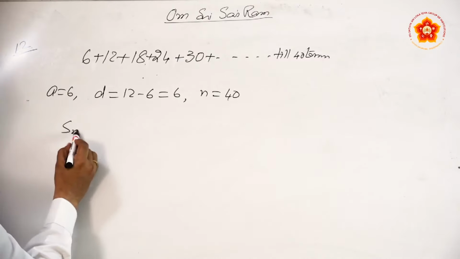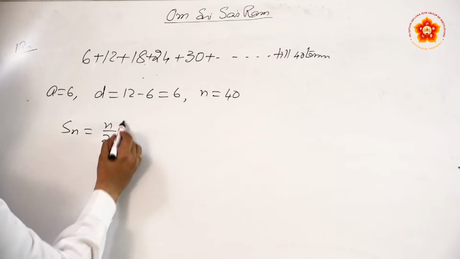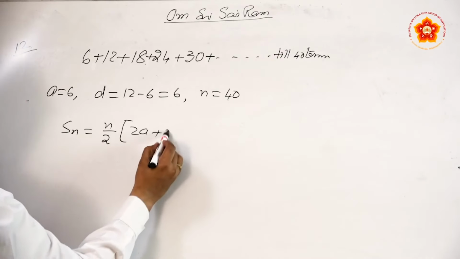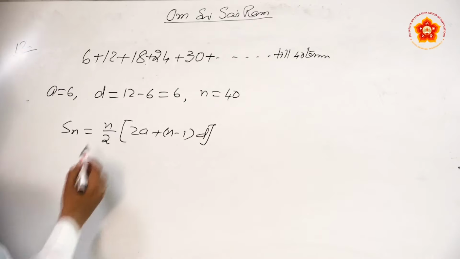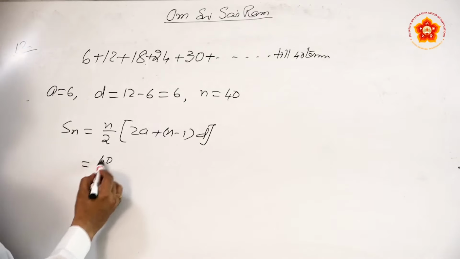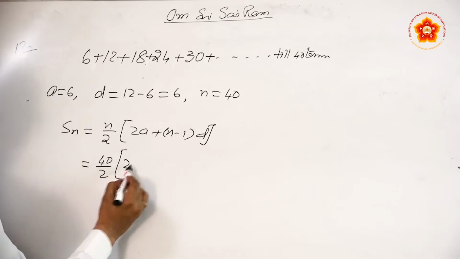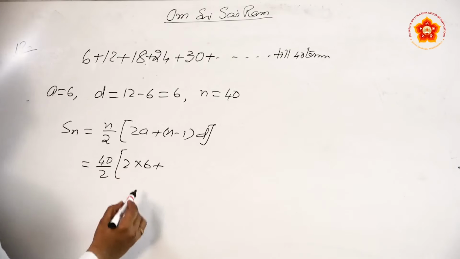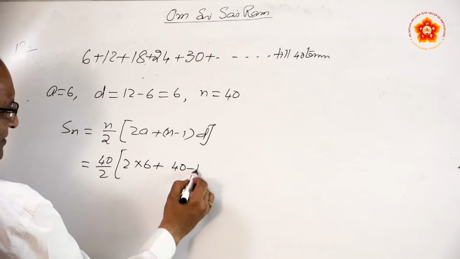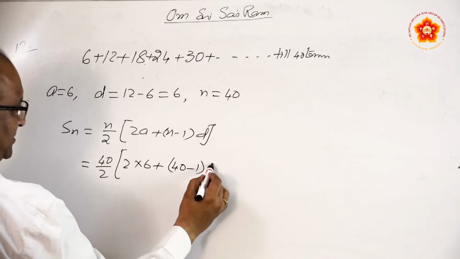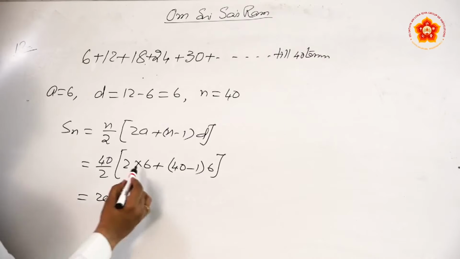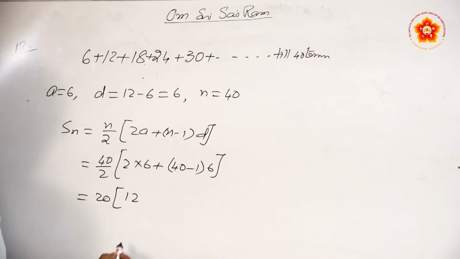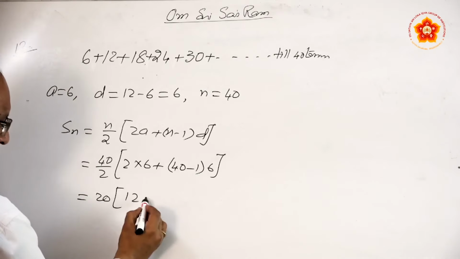Sn is equal to n by 2, 2a plus n minus 1 into d. Substitute n is 40, so 40 by 2, 2a plus 40 minus 1 into 6. So, it is 20, 6 twos are 12, 40 minus 1 is 39, 39 into 6 is 234.